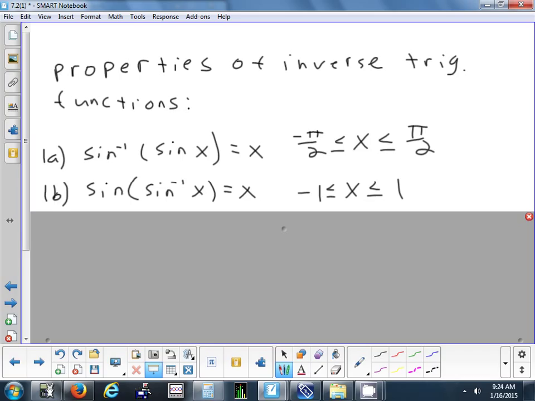Yeah, in fact, we always worked with the acute angles. An acute angle is always between 0 and 90. Therefore, it's automatically going to be in this interval. I didn't need to tell you that. You'd never have a 130-degree angle, but try it. Try taking the inverse sine of the sine of 130. They won't cancel out. You won't get back what you started with.